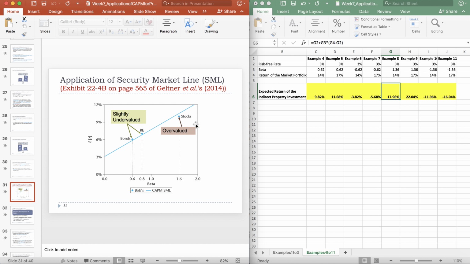So the key application of the capital asset pricing model is to evaluate whether any investments are overvalued or undervalued using the fair value or fair return based on the model.